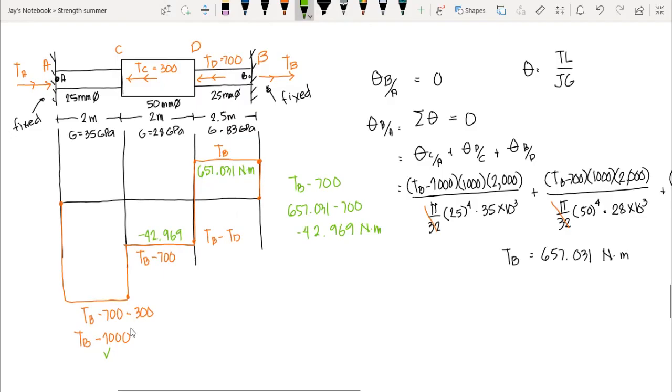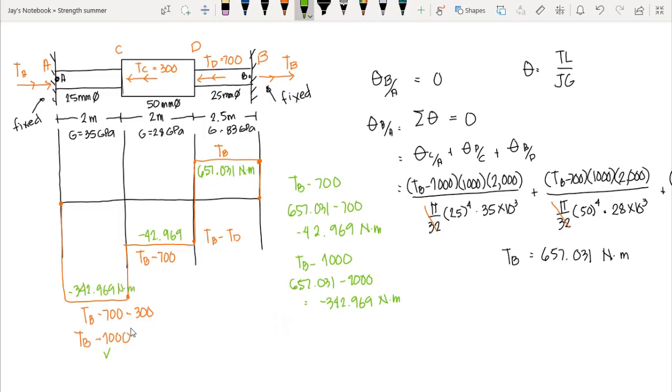For this one here, we have TB minus 1000. So we have 657.031 minus 1000. This gives us the value of negative 342.969 Newton meter.